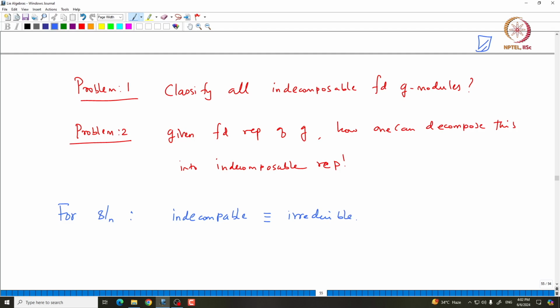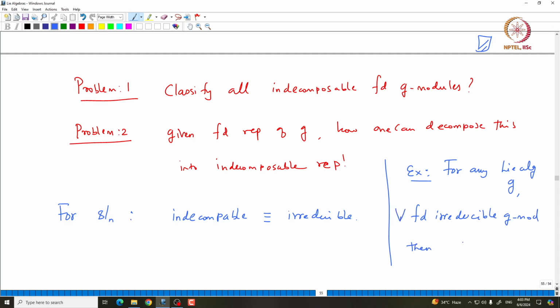It is easy to see, I will leave it as an exercise. It is a very simple exercise: for any Lie algebra G, if we take a finite dimensional irreducible G module, suppose V is a finite dimensional irreducible module, then V must be an indecomposable module.